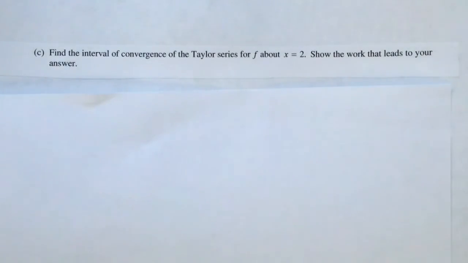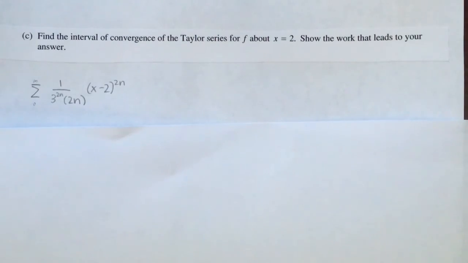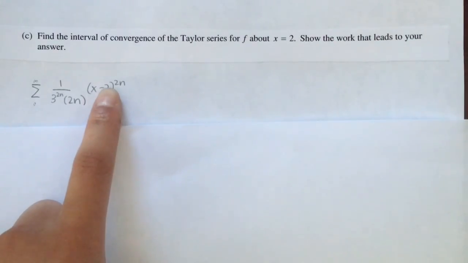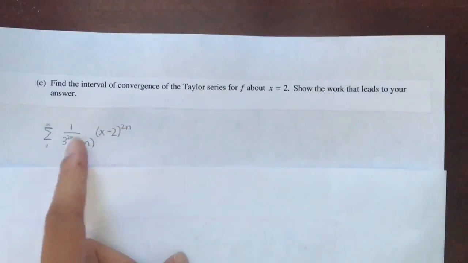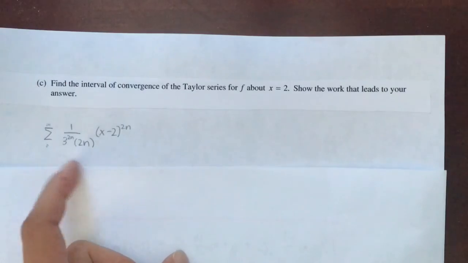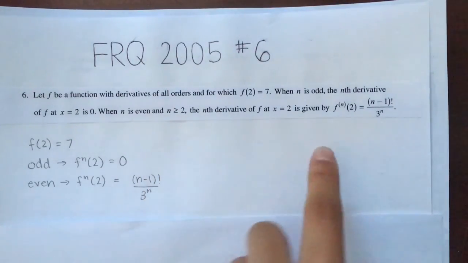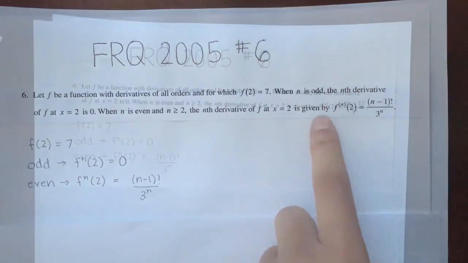Part C asks you to find the interval of convergence of the Taylor series for f about x equals 2. The first thing you want to do is write the Taylor series. You have the coefficient from the previous problem and the (x minus 2) raised to the 2n. Now, if you just use this, you'll get the problem wrong because this series is wrong. You have to remember that n must be greater than or equal to 2 for this even function to apply.